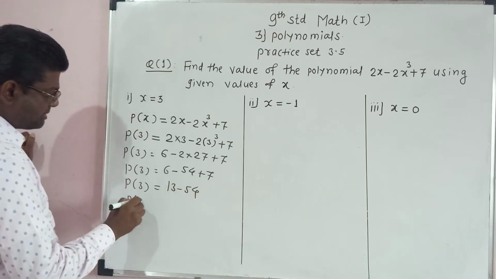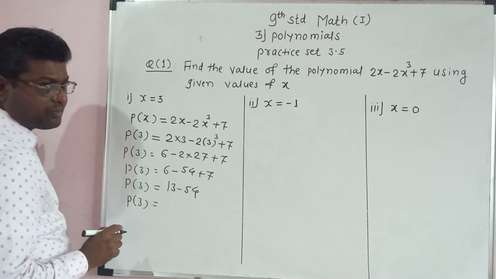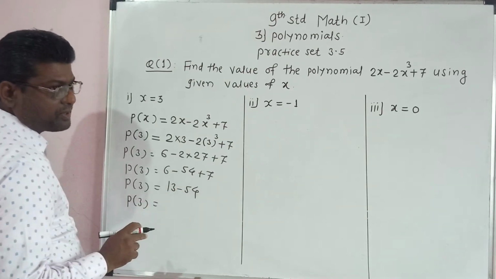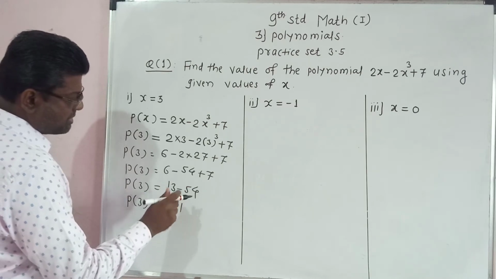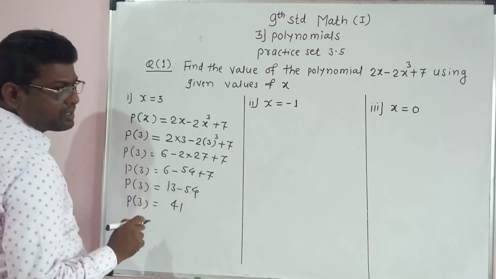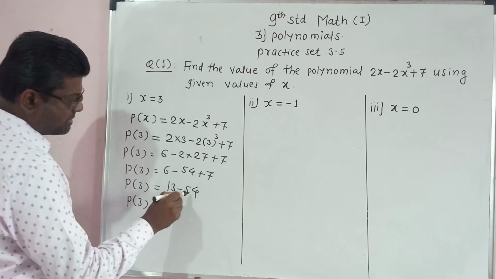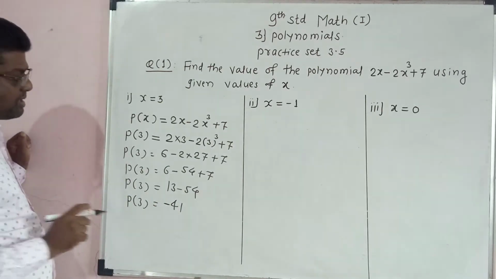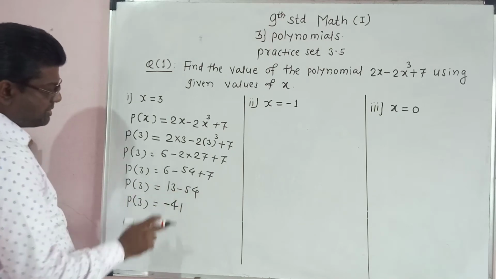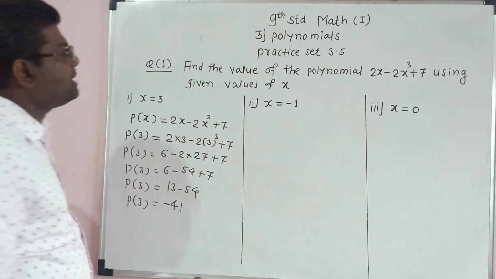P of 3 is equal to 13 minus 54. Big number is 54, so 54 minus 13 will be 41, and we have to keep the sign of the big number, that is the sign of 54, minus 41. So 13 minus 54 is minus 41.